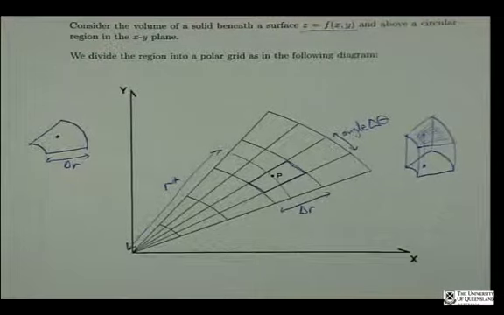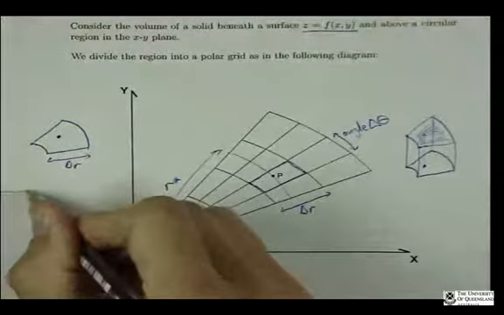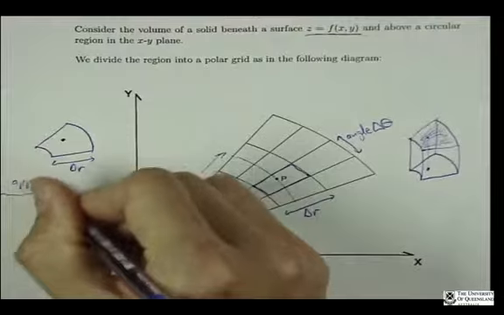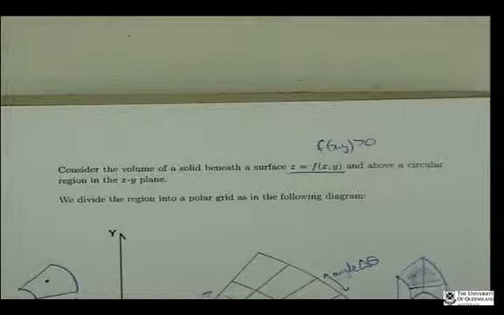Now I'm going to make an approximation here. What I'd really like to do is grab hold of these two edges and straighten them out so they're parallel. I know the length of these edges will be delta r. But I want to straighten them out so they're parallel.